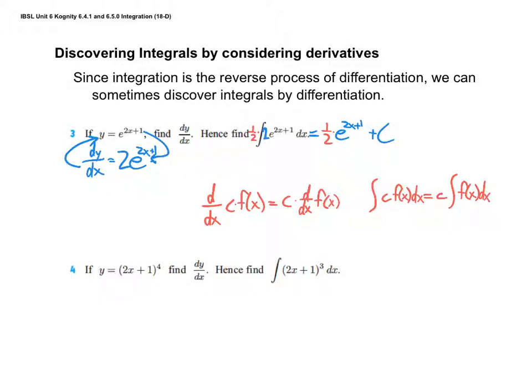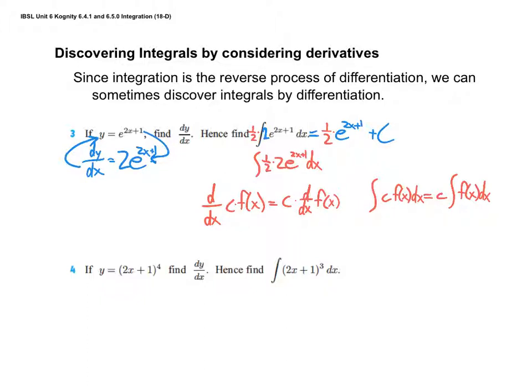I don't initially have a 2e to the 2x plus 1. I need a 2e to the 2x plus 1. So in there, I'm doing 1/2 times 2, e to the 2x plus 1. I'm allowed to multiply by 1 whenever I feel like.